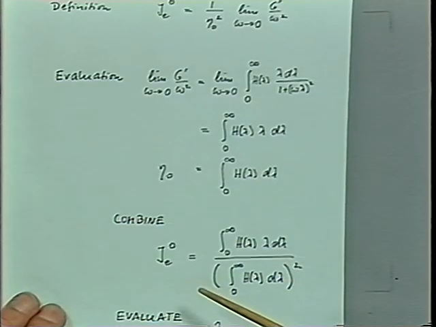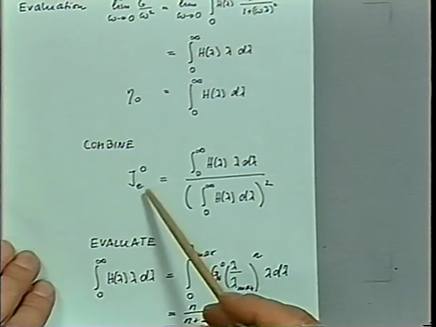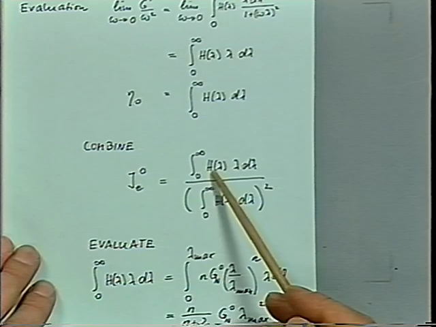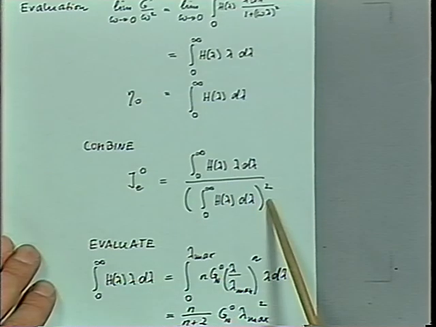the first. Before putting even the spectrum in here, we redefine our steady state compliance as the integral of h lambda times lambda, divided by the integral where we just have h integrated, and taking the square of that.